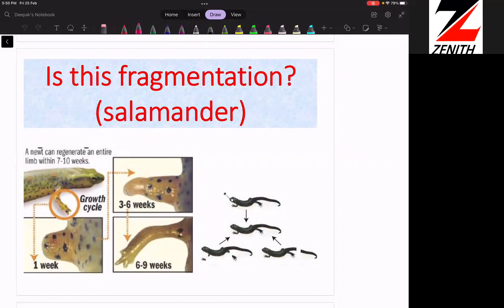It's not fragmentation, it's only regeneration, because from the leg which was cut there is no new offspring. So we will not call it fragmentation. Right? Agreed on this? Yes, sir.